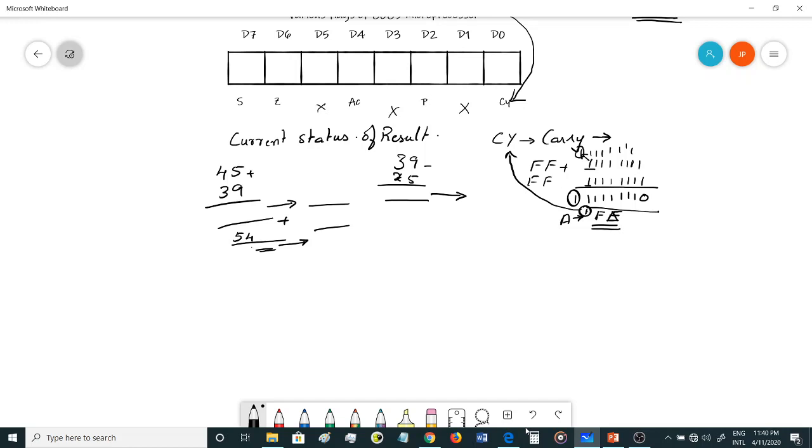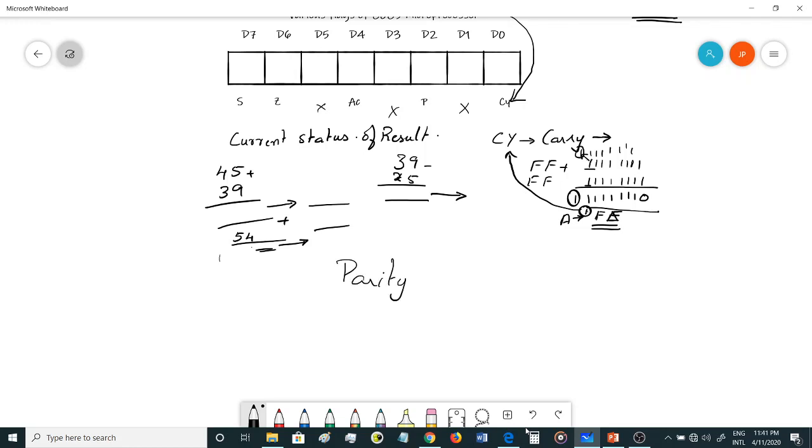Rest all the bits are used. CY stands for carry, P stands for parity, AC stands for auxiliary carry, Z stands for zero flag, and S stands for sign flag. So carry flag, I hope it's very clear. Now let's look at parity flag.